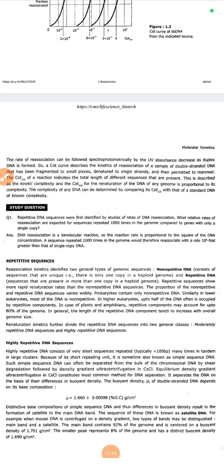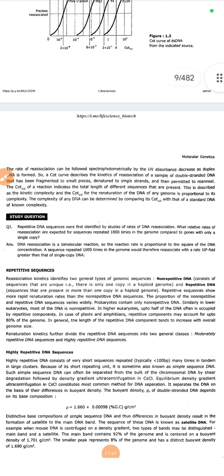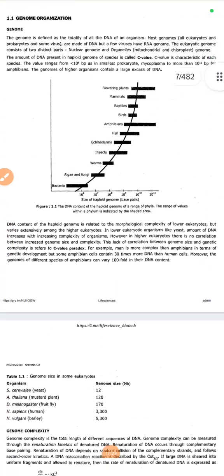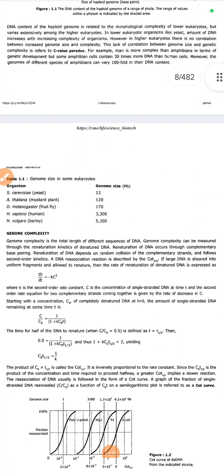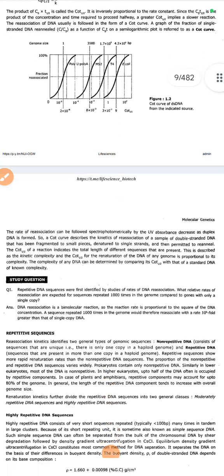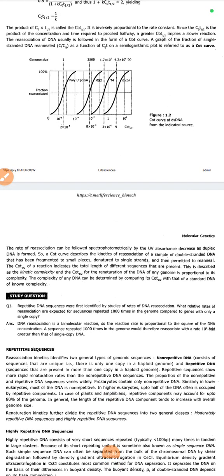How will you compare? You will compare with a DNA reassociation study, which is a bimolecular reaction. So the reaction rate is proportional to the square of the DNA concentration. You can see the formula: dC upon dt equals minus K C squared, the square of the concentration.